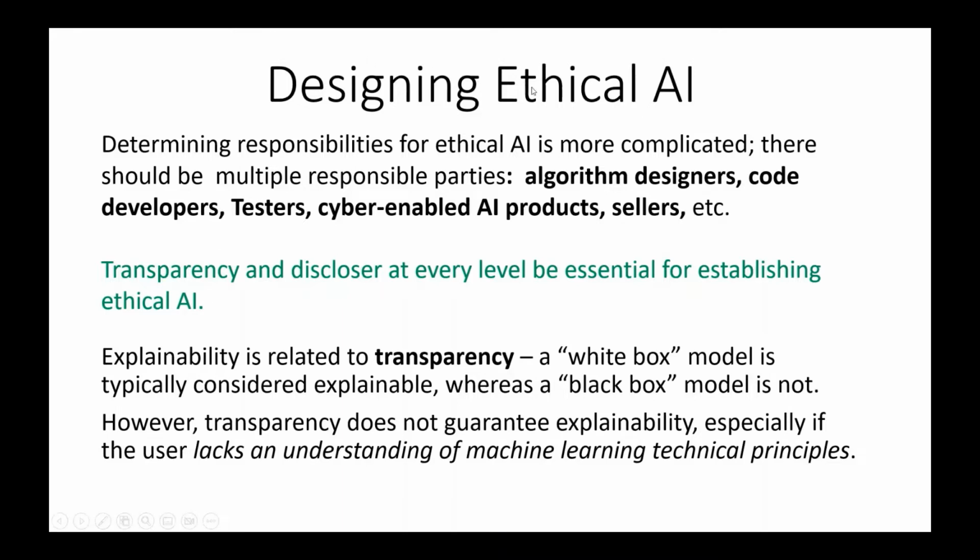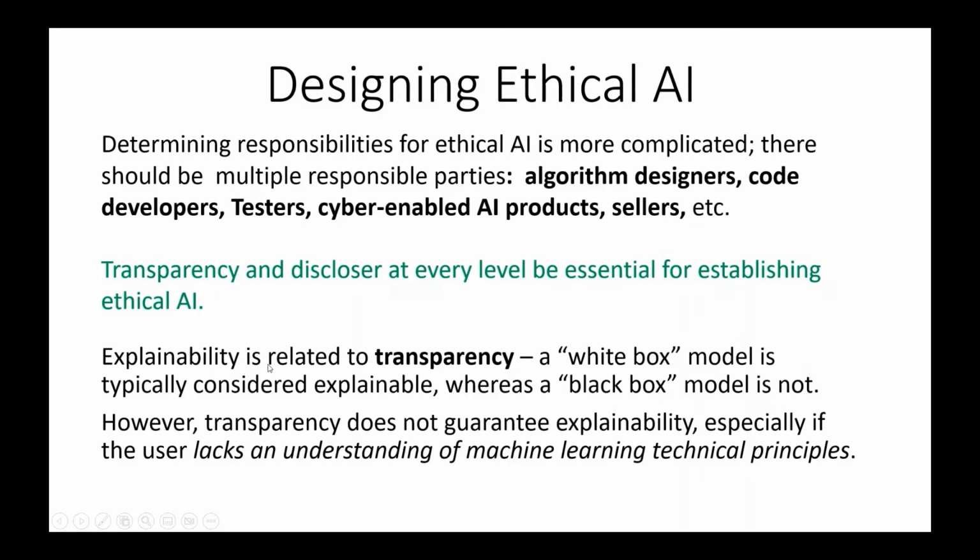All these people have to be responsible in some ways in their role to have the ethical AI application established. So transparency and disclosure at every level are essential for establishing ethical AI.